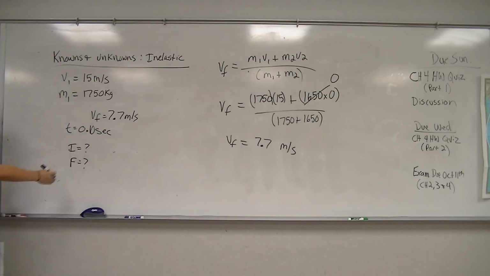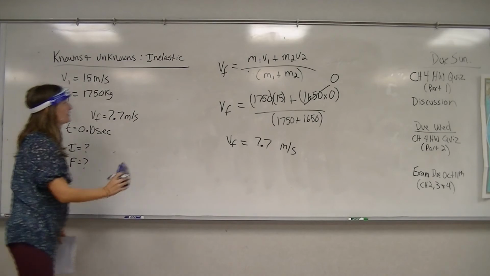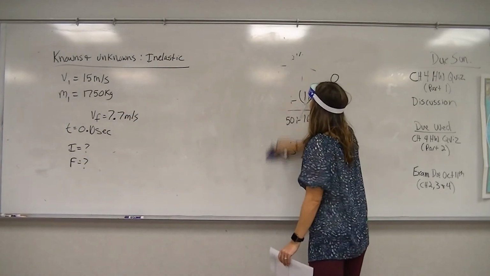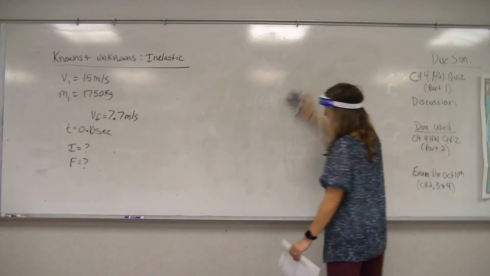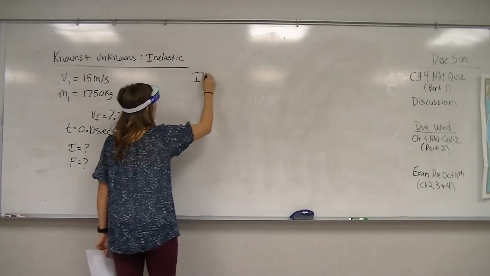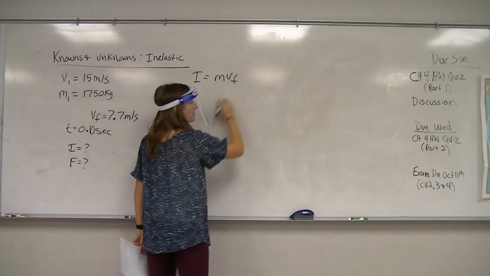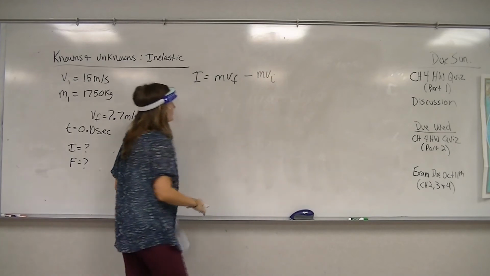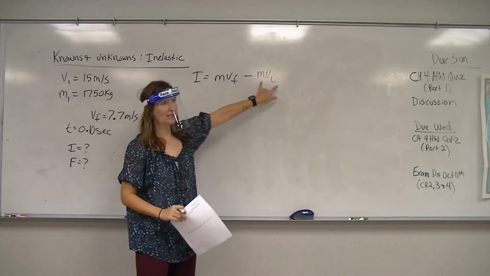We've done this before. We already know what equations to use, or at least we'll recognize it better once we see it. They're talking about just car one, impulse on just car one. Remember, impulse is change in momentum, so the final minus the initial.